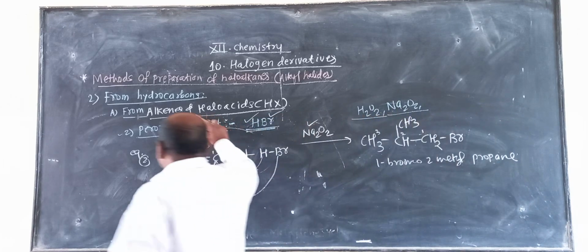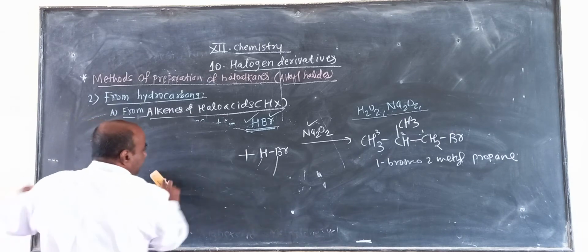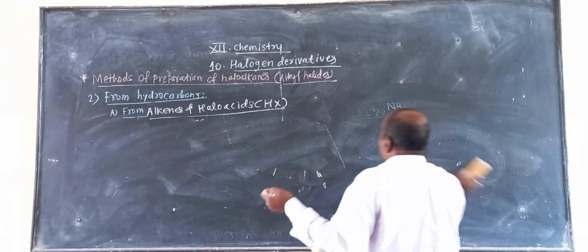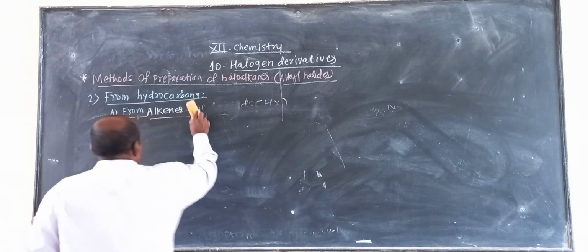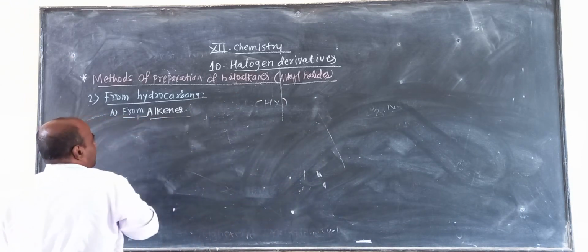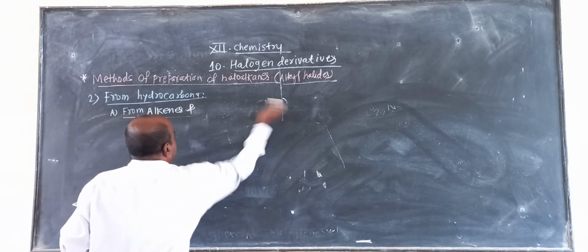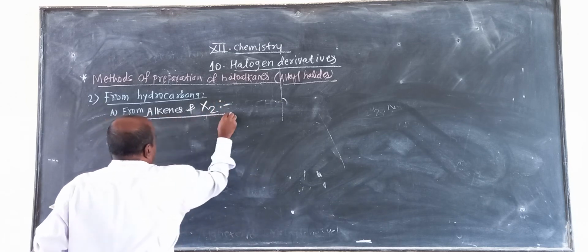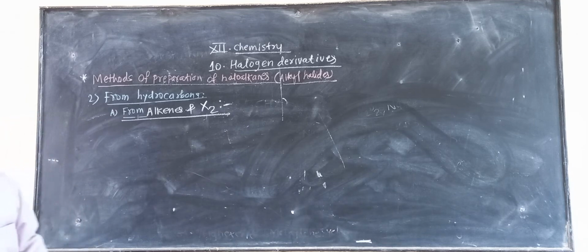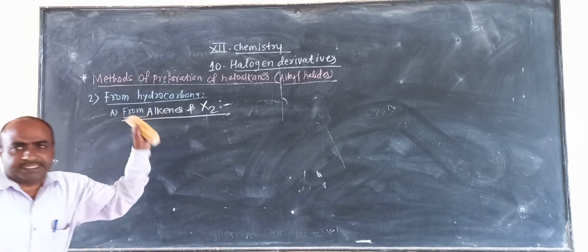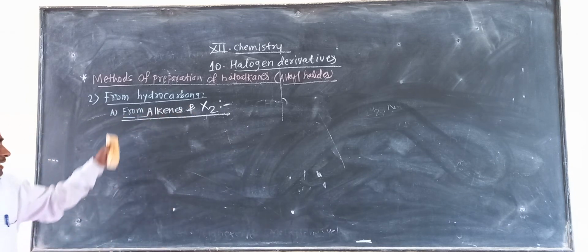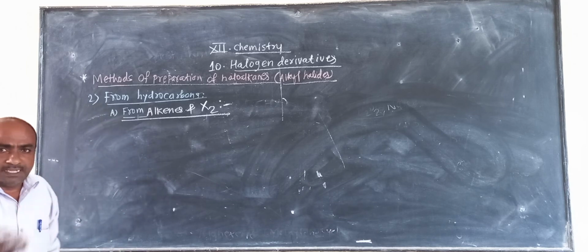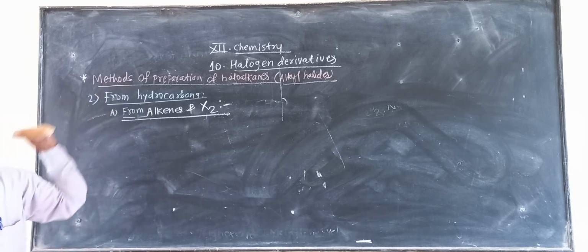Now see the third method, which is a very simple method: from alkenes and halogens. Alkenes with direct halogenation give the corresponding alkyl halides or haloalkanes.